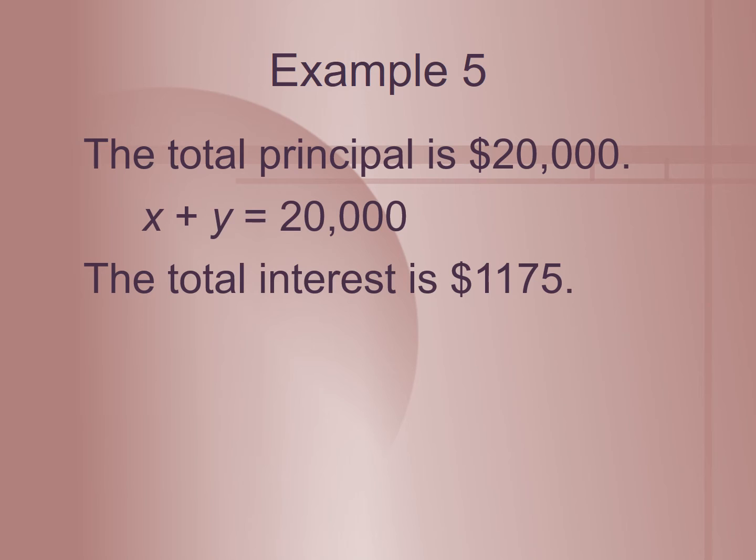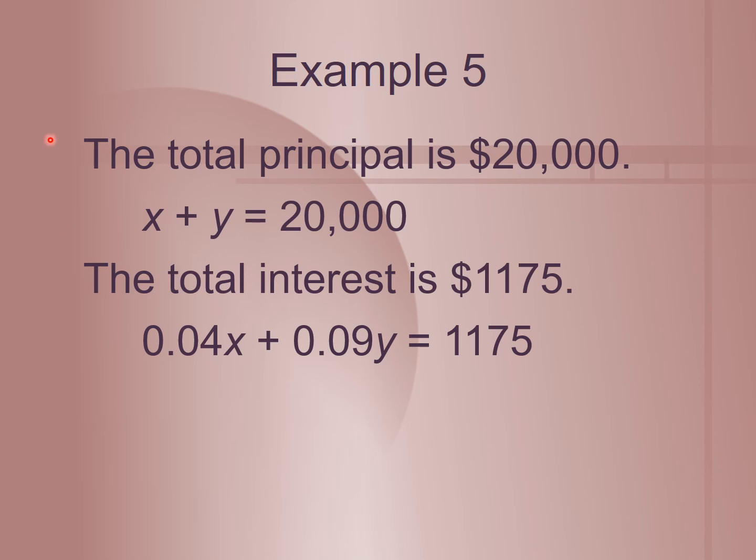Both these pieces of information are in the story for example 5 in your textbook in section 7.3. The total interest was that last 4th column, which was 0.04x and 0.09y. If we add those together, they are supposed to add up to 1,175. So now we have a system of equations. Here's our first equation, and here's our second equation.